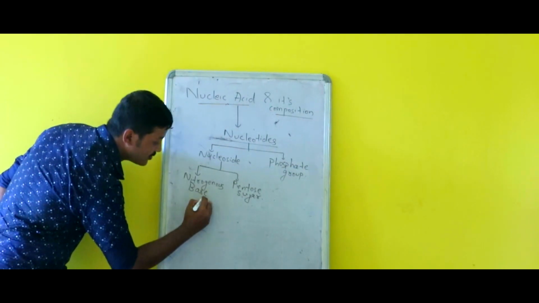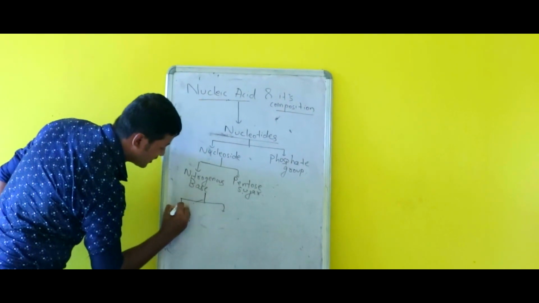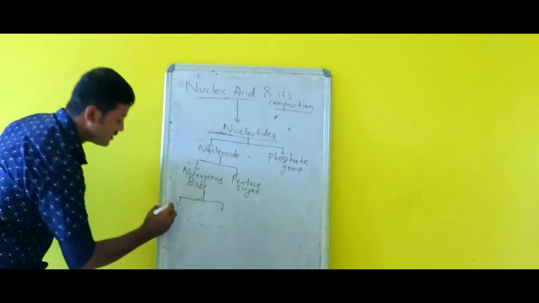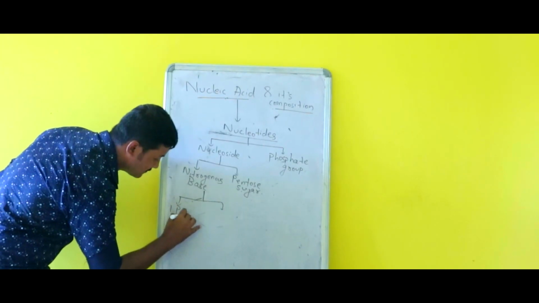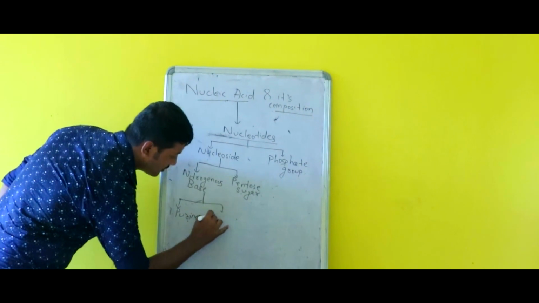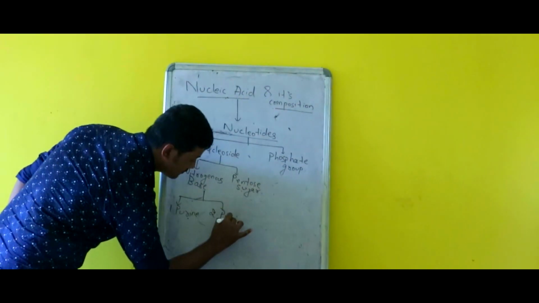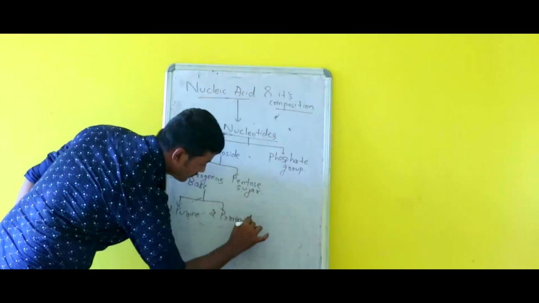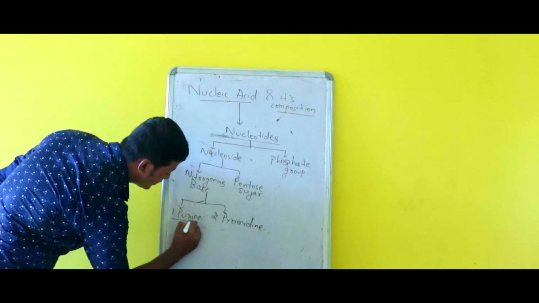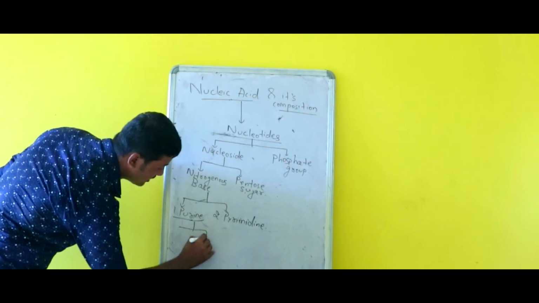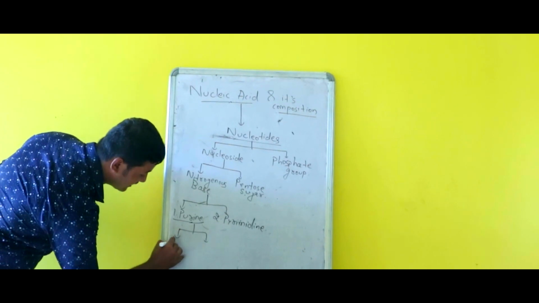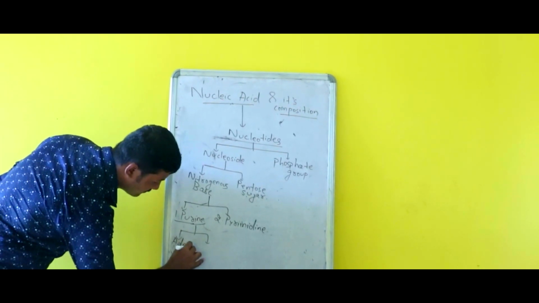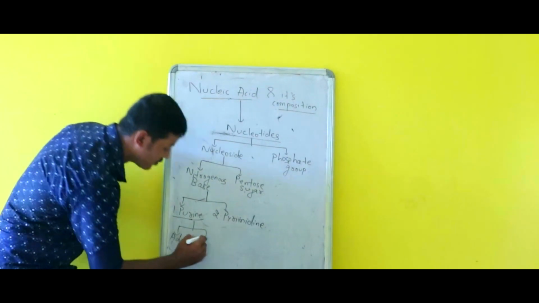Then again, nitrogenous bases are of two types. First one is purine, second one is pyrimidine. Purine is again divided into two main categories, that is your adenine and guanine.